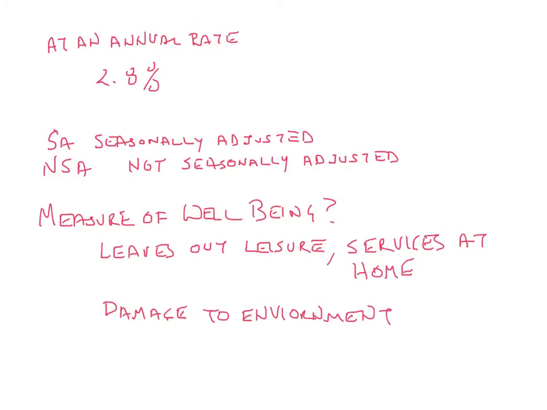There's problems with it, but I think in general it's the best measure we have, and it does go up and down with the well-being of the country. There have been some studies showing that GDP and a country's well-being, as reported by the people living in that country, are positively correlated.